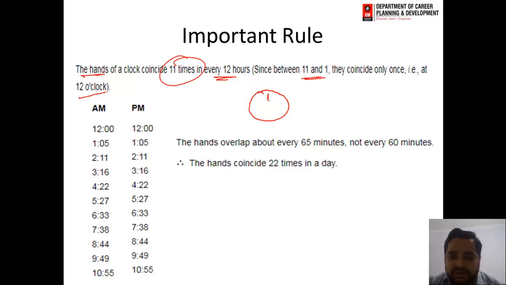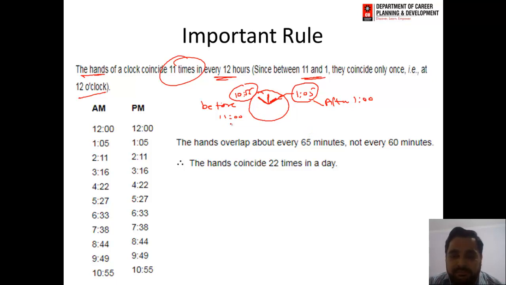The first coincidence we have at 12, the second we have at approximately 1:05, and prior to that we have 10 past 55, which is before 11, and this one is at 1:05, after 1.